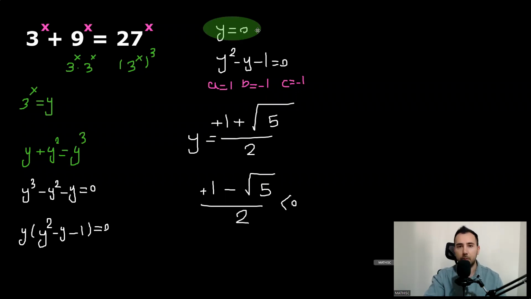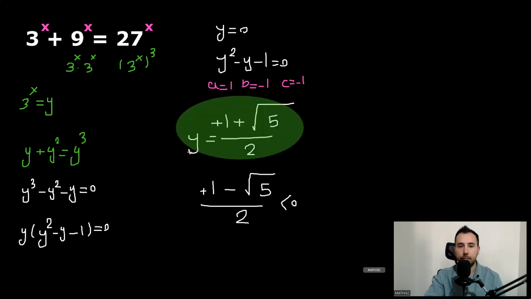So I'm going to highlight this. From the 3 options we found, only this one is accepted. So let's continue. It will become 1 plus the square root of 5 over 2.